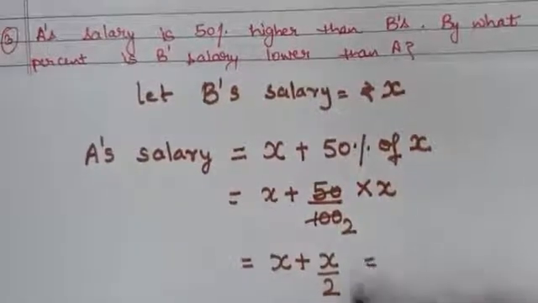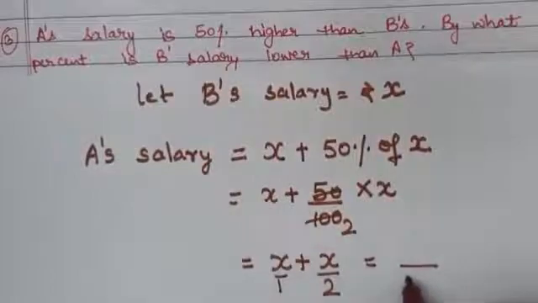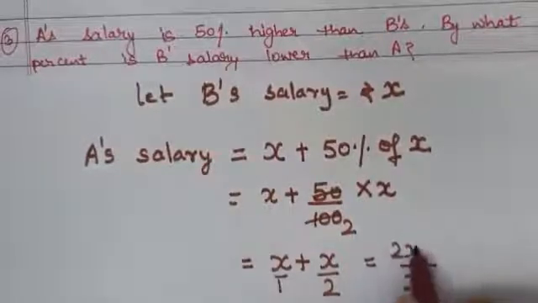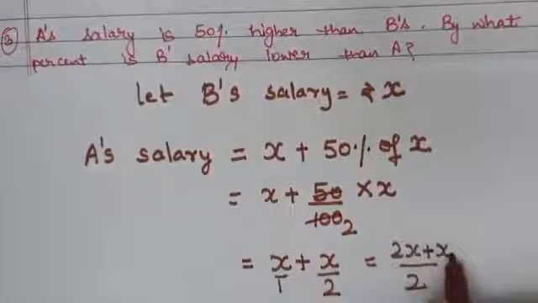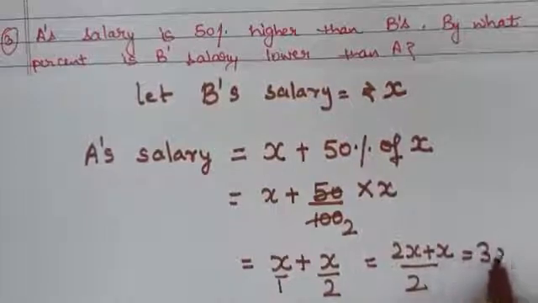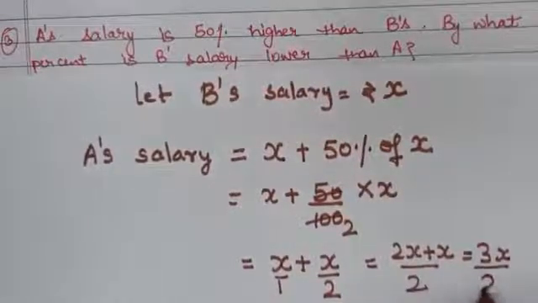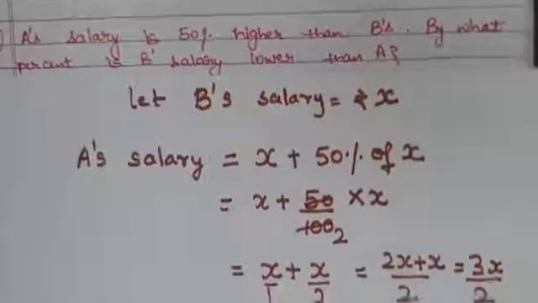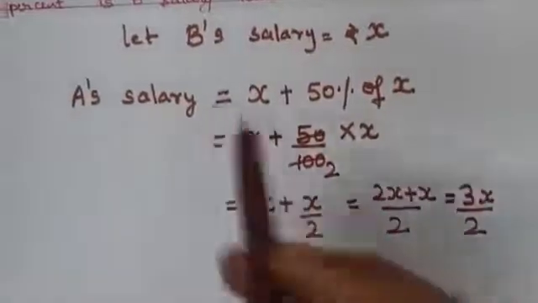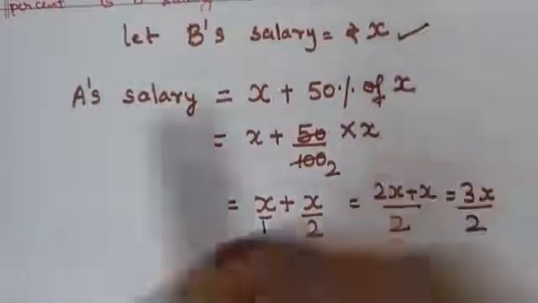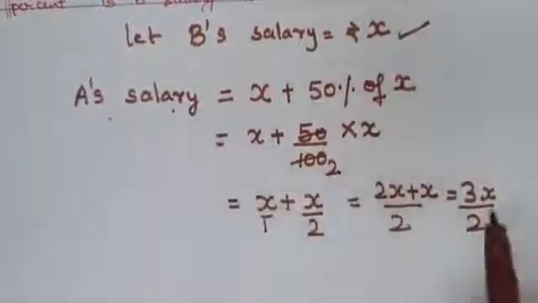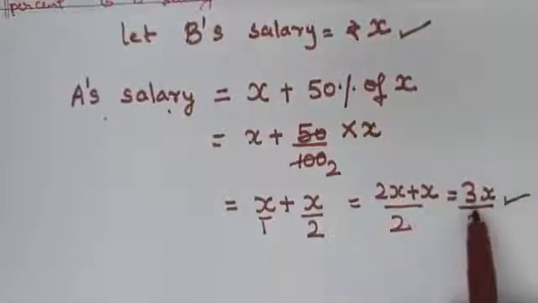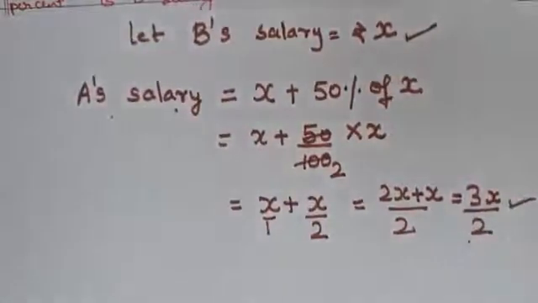So what we get? 2x plus X, that is 3x upon 2. Clear? It means now we have B's salary rupees X and A's salary is 3x upon 2 rupees.